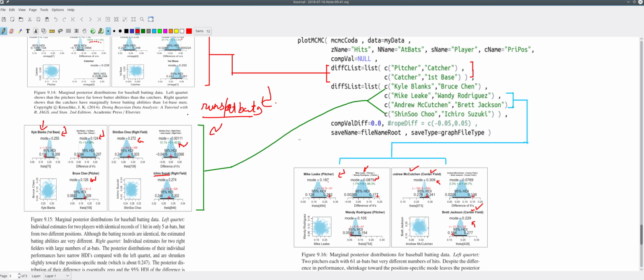Here again we are comparing the same positions, pitcher and pitcher, but Mike Leakey is better than Wandy Rodriguez. So we are doing a within category comparison here, whereas here we are doing an across category comparison, first base versus pitcher. Here once again we are doing a within category comparison. So here there's no difference, here there is a difference, so is there over here, and here there is none.